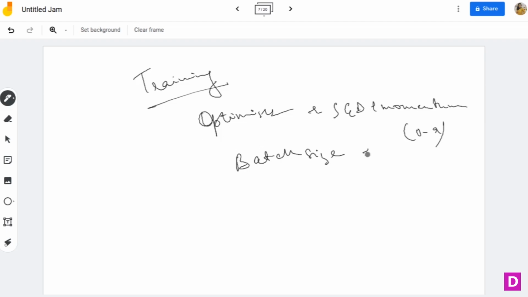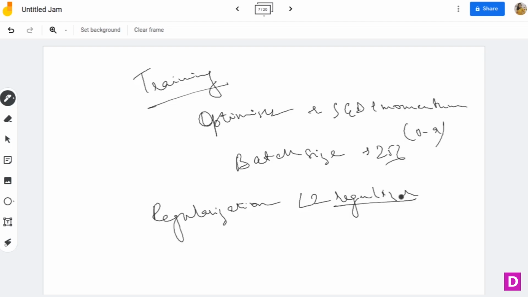The batch size for training was 256. The regularization they used was L2 regularizer. So they used L2 regularizer, but at the same time they used dropout as well, and the dropout value is 0.5. So 50% of the neurons were removed at any training epoch randomly.